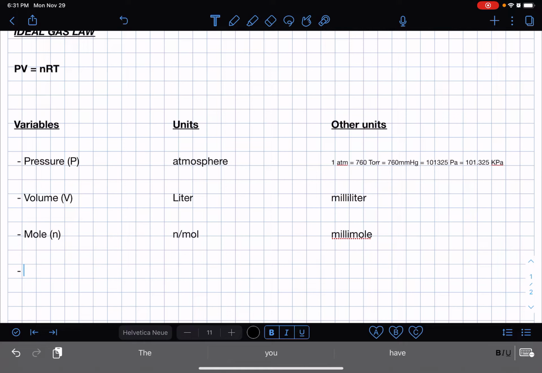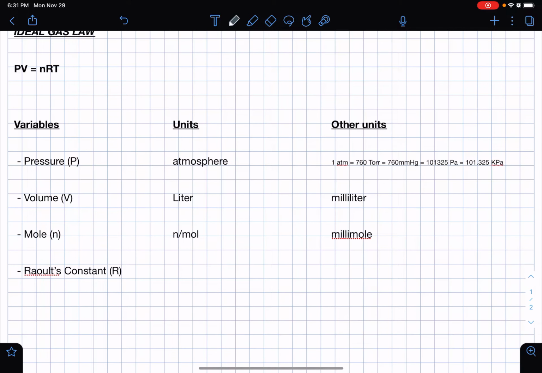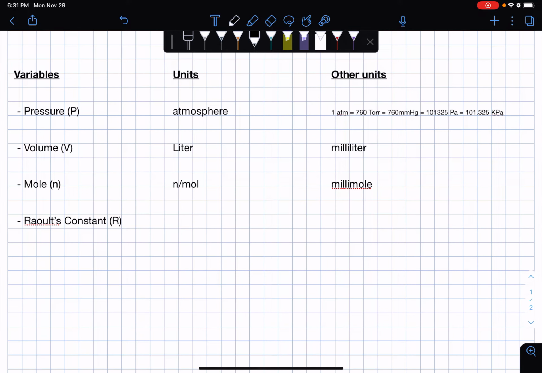Moving on, we have the gas constant. That's the R in between n and T. The main unit, it's difficult to type it, so I'll just write it manually. L·atm over mol·K, liter times atmosphere, all divided by mole times K, which is Kelvin, the temperature.